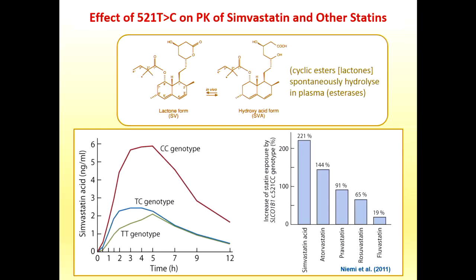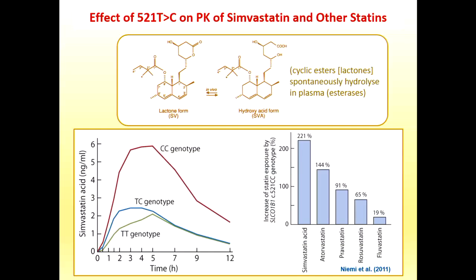And so when you look at the levels of this metabolite in human patients, people with that CC genotype have higher levels compared to people with the TT or the heterozygote TC genotype. So significantly higher systemic exposure to simvastatin hydroxy acid in people with two variant forms of the gene.